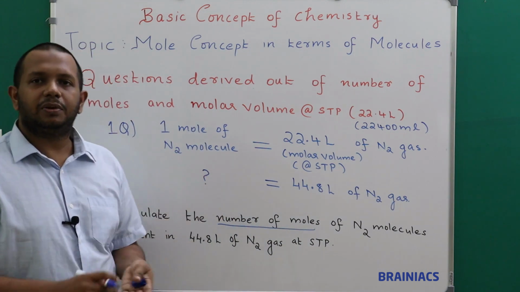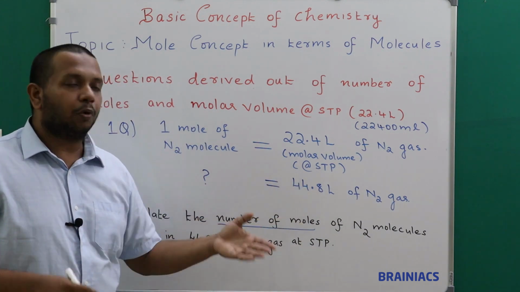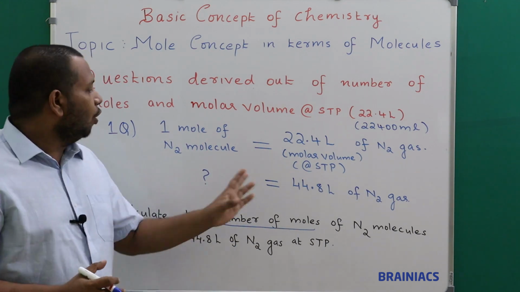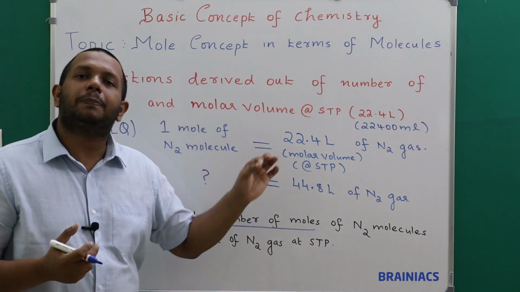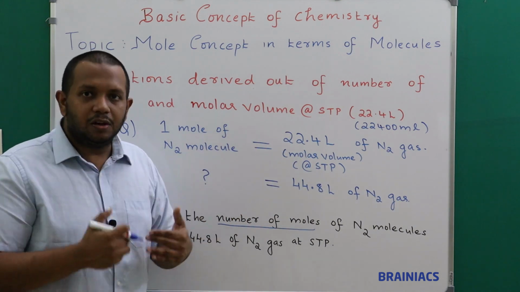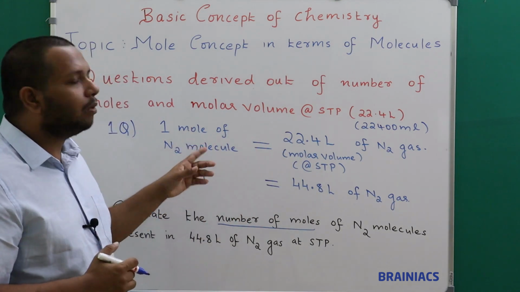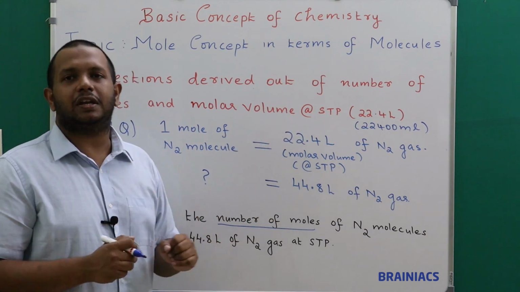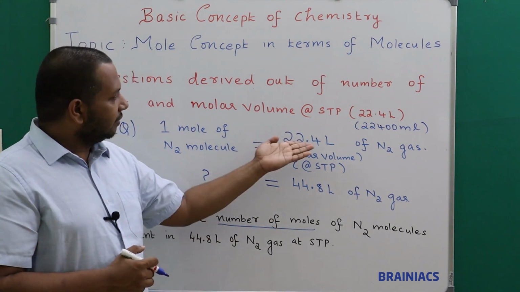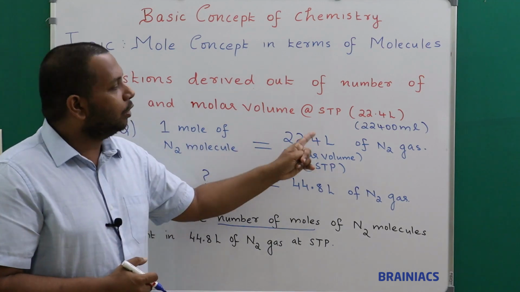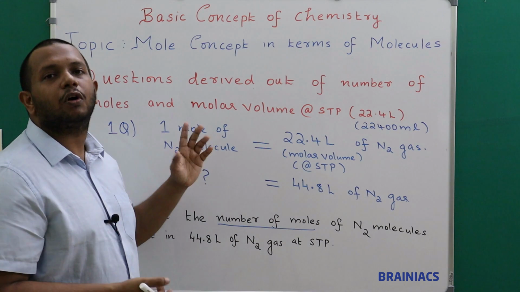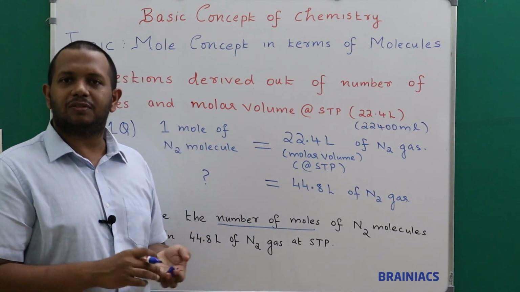So they are asking you indirectly, if you take 44.8 liter of nitrogen gas, how many moles of nitrogen will be present in that? And I know the fundamental relationship, 1 mole of nitrogen gas will occupy a volume of 22.4 liter at STP. Or I can say it in the reverse way, 22.4 liter of nitrogen gas has 1 mole of nitrogen molecule. That is also correct.